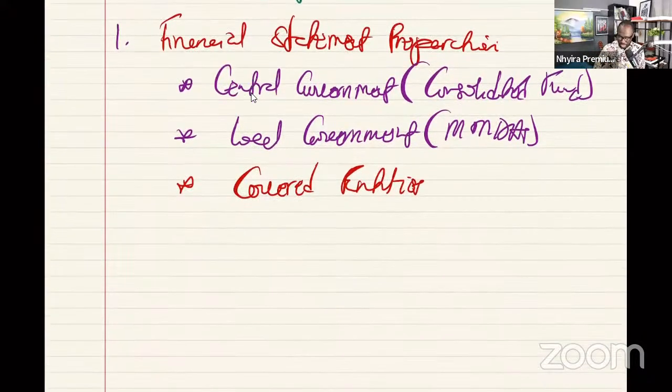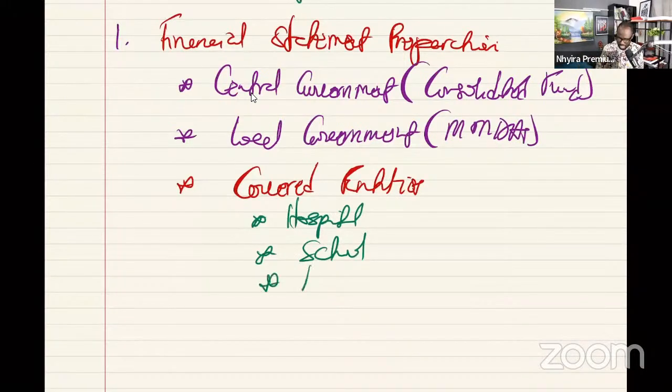So the examiner can ask us to prepare final accounts of a government hospital, final accounts of a school, okay, or any other agency or authority of government, as far as the activities are financed either in part or in whole by government. These entities' financial statements would have to be prepared.